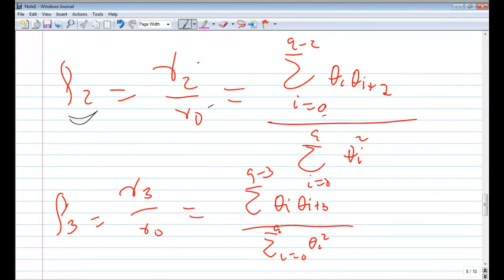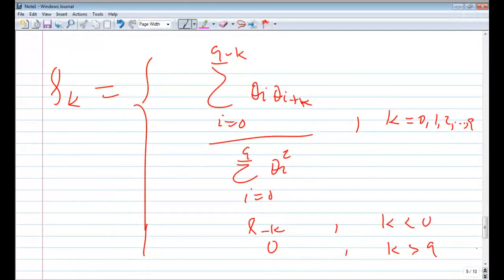The same applies to the autocorrelation function at lag 3, which is rho 3, gamma 3 over gamma 0, which is equal to the summation of theta i theta i plus 3 divided by the summation of theta i squared. Then later, we have to generalize everything.